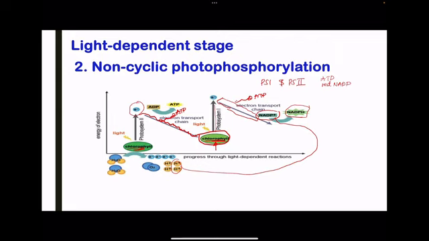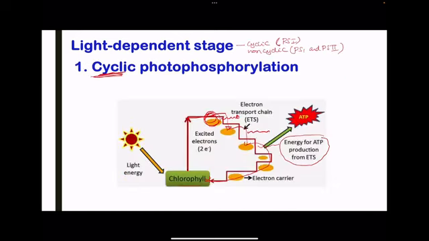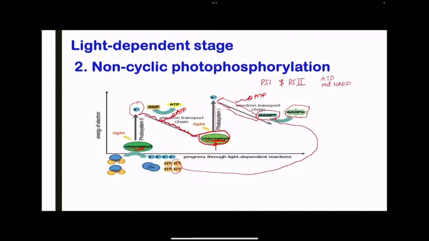So you can see we call this non-cyclic because the electron never returns. This is different from what we saw here in cyclic. In cyclic, the electron left, went through the electron transport chain, ATP or energy for formation of ATP was generated, but the electron returned back to the chlorophyll molecule. But in non-cyclic, it never returns, it goes away completely.